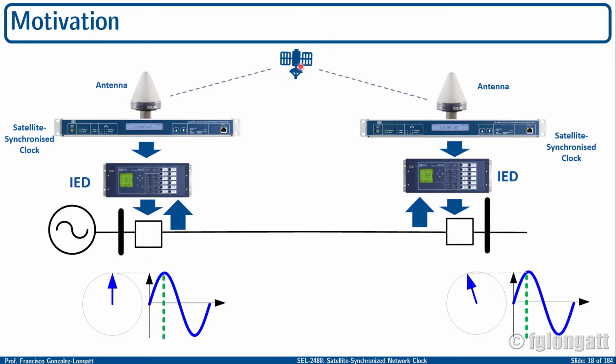But the satellite allows us to use this antenna at this substation and get, with very high precision, micro to nanoseconds precision, the time. If we define the time here and we define the time there, we can calculate angles inside the power system.